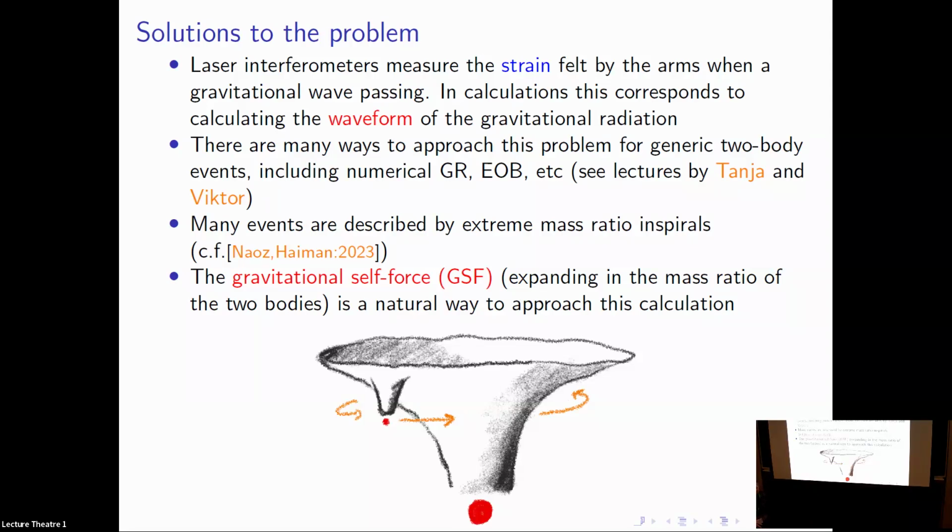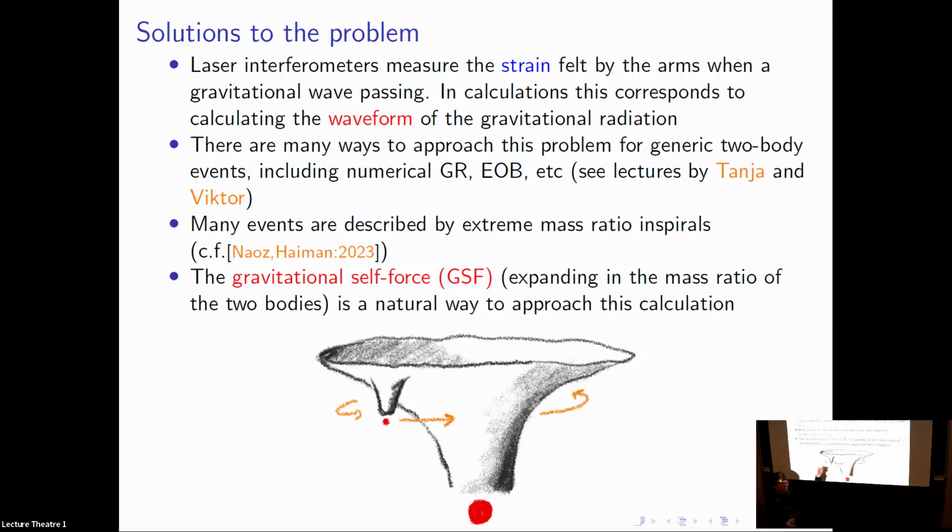I just want to highlight that for extreme mass ratio inspirals, we're expecting very many events like this to occur during the measurement period of LISA. And the gravitational self-force is a very natural way to approach the calculation of the waveform for these extreme mass ratio inspirals.